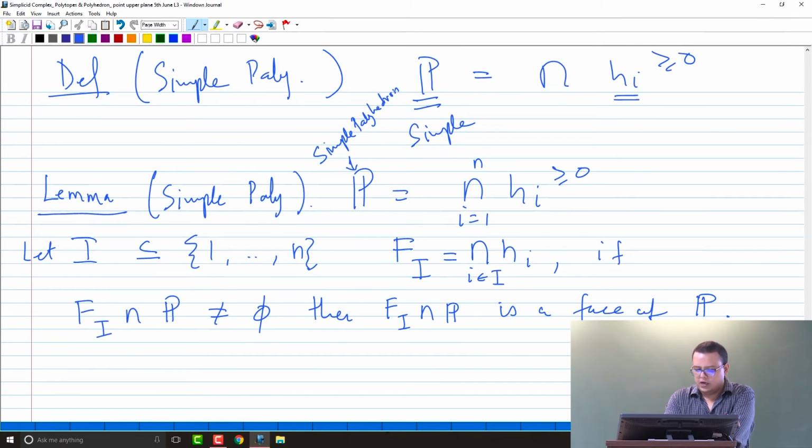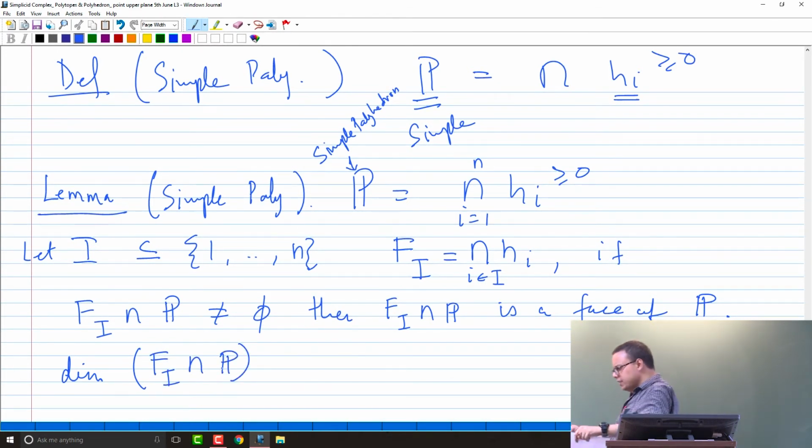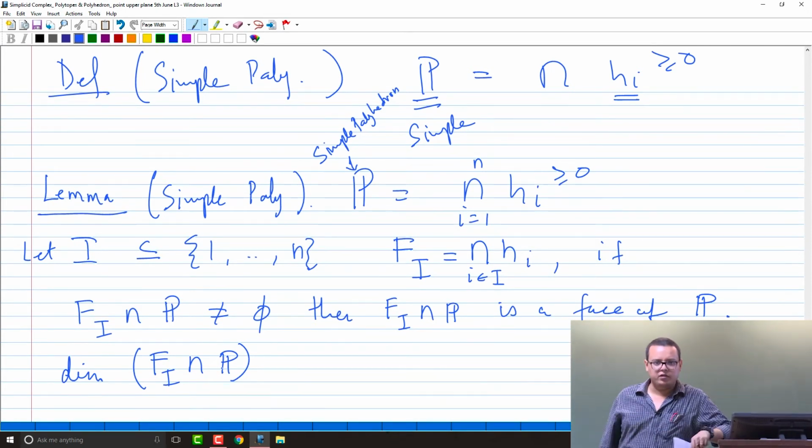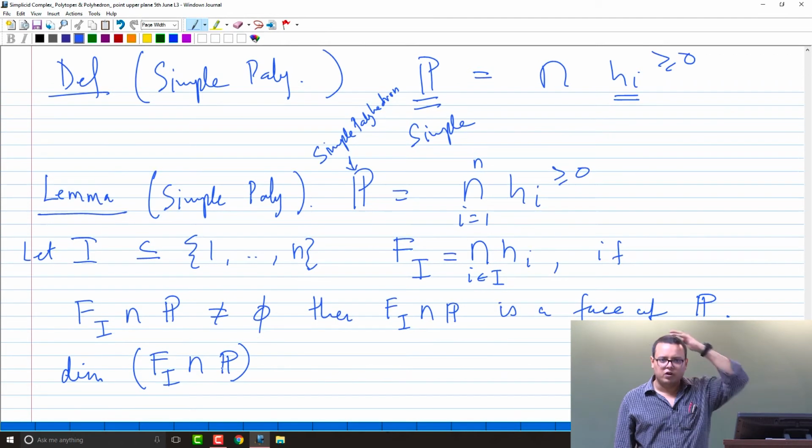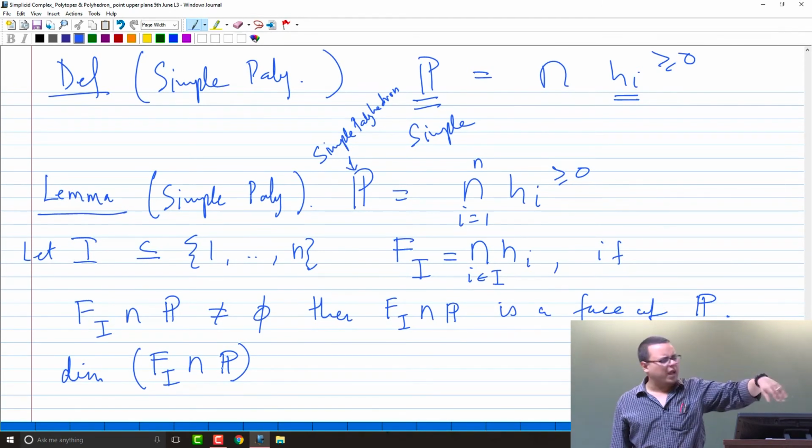And the second thing is, what will be the dimension of this object? Let us say P is a simple polyhedron, which we get by intersecting half spaces Hi greater than or equal to 0. Hi is the corresponding hyperplane and Hi greater than or equal to 0 is the plus side; any polyhedron you can write like this, you orient the plane properly and you will get it.